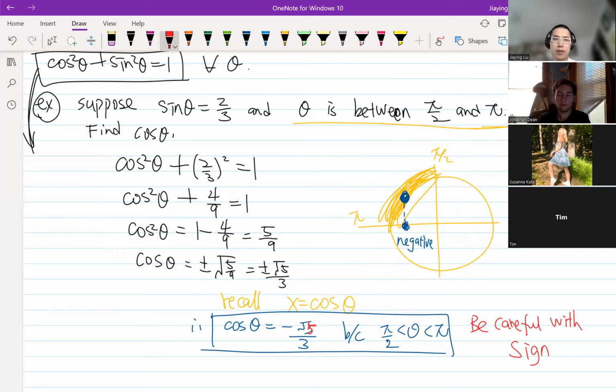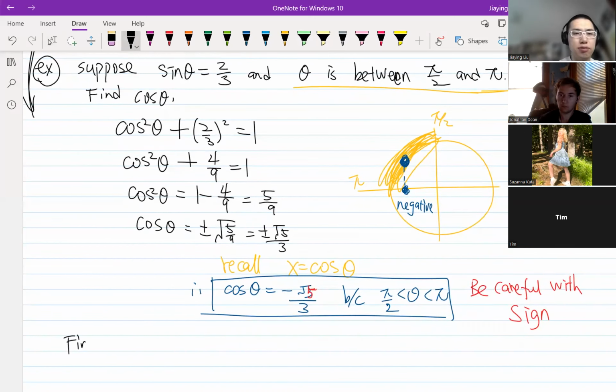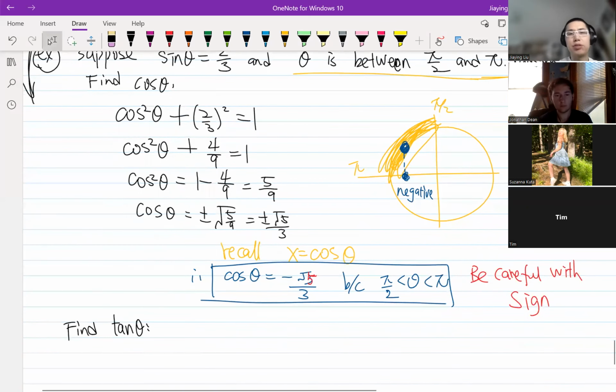All right, so that's using the Pythagorean identity, the Pythagorean theorem, to find the cosine. And if we know the cosine, we can find tangent. Suppose the question says find tangent theta. We can do it because now we know sine and cosine.